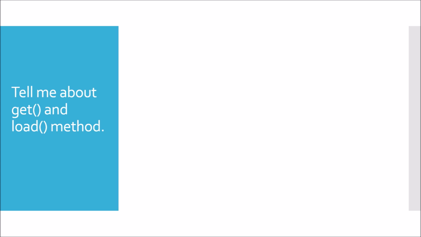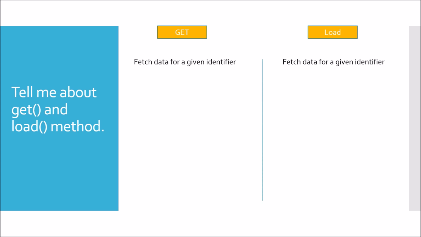So to begin with the answer, the first point for get, it is used to fetch data for a given identifier. Identifier means a primary key or unique key through which you can get the data. For load also, you fetch data for a given identifier.